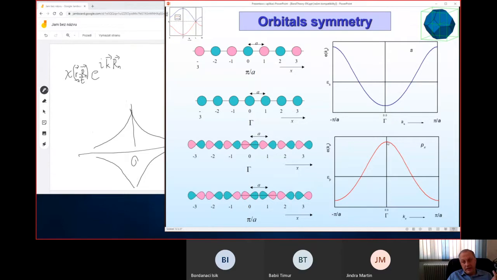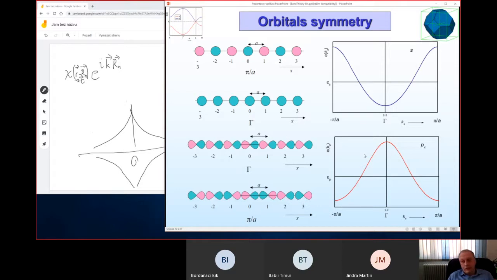So we are at the highest energy with a completely anti-bonding state at the gamma point, while if the atomic orbital changes sign depending on the given unit cell, which is the case for the edges of the first Brillouin zone, we have a completely bonding interaction between the nearest neighbors, and that's why the energy is the lowest one.